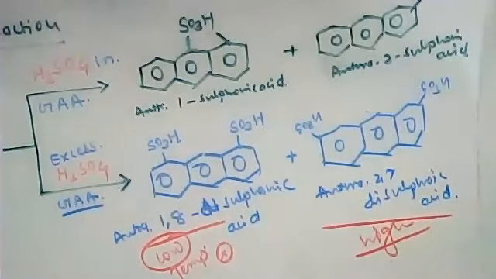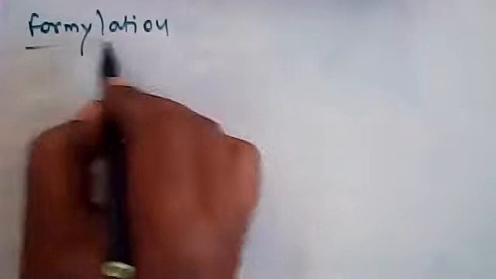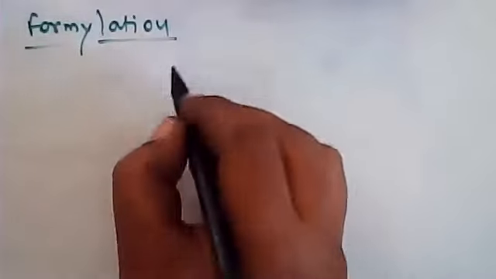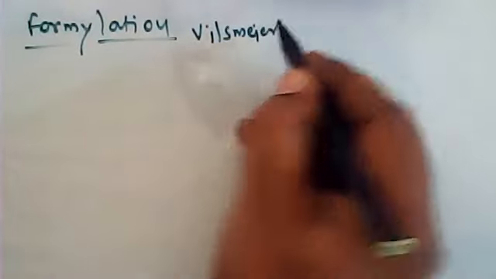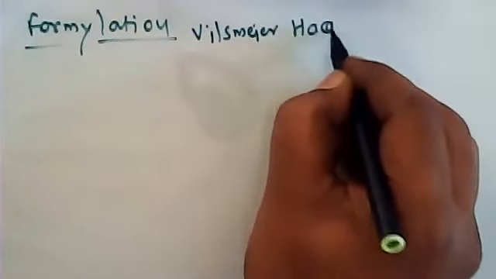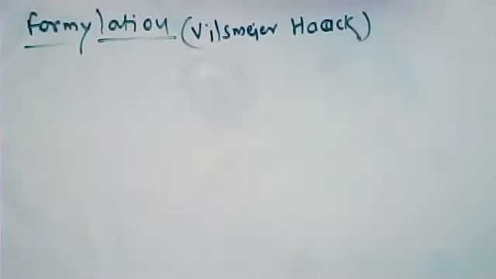The next reaction of anthracene is formylation. This is also called the Vilsmeier-Haack method.